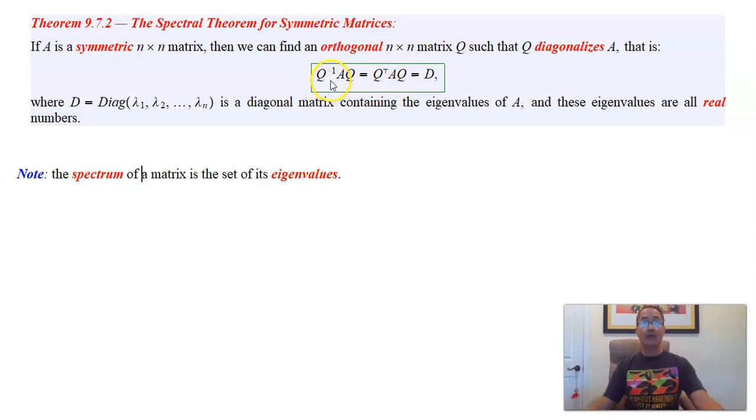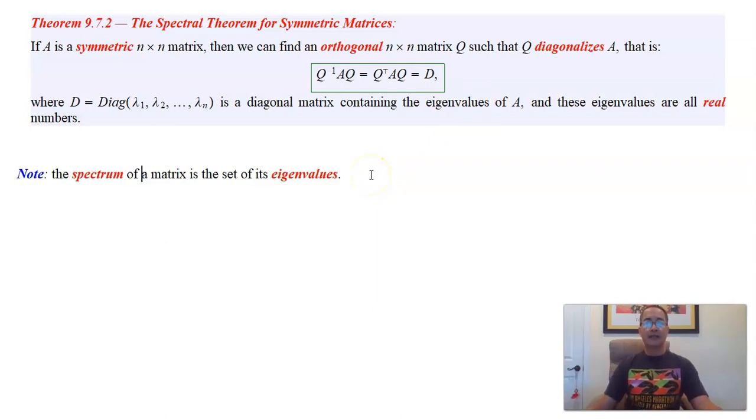Because Q is orthogonal, Q inverse is just Q transpose. And when you form that sandwich, you get a diagonal matrix D. And of course, it contains the eigenvalues along the diagonal. And these eigenvalues have to be real numbers.